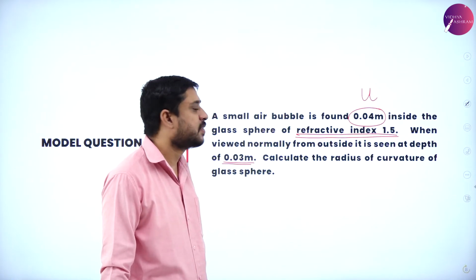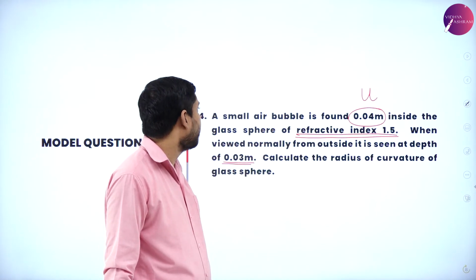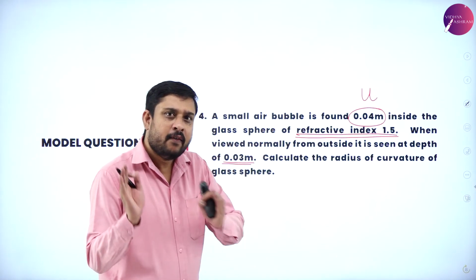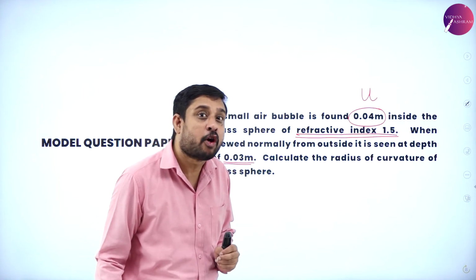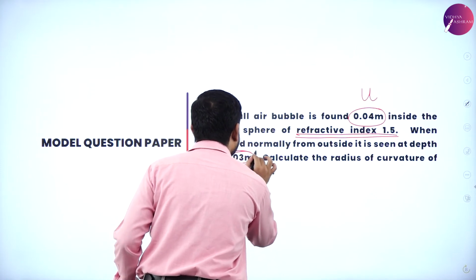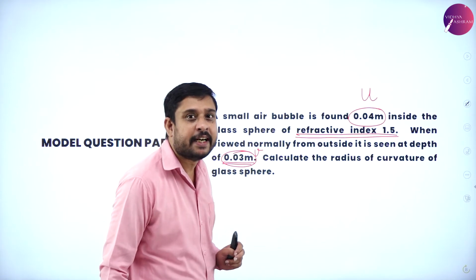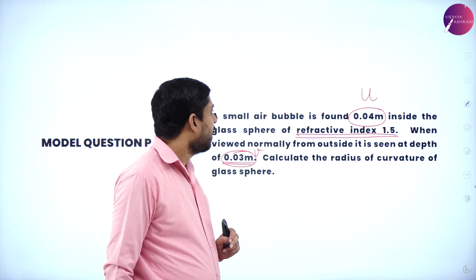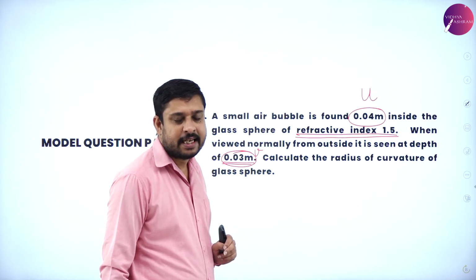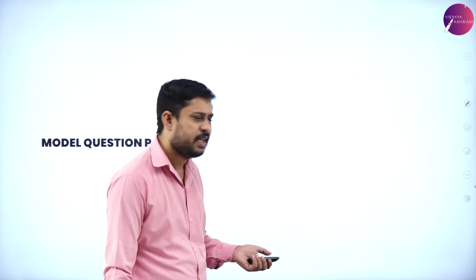Refractive index of glass, N1, is 1.5. When viewed normally from outside, it appears to be at a distance of 0.03 meter, V. I have to calculate the radius of curvature.